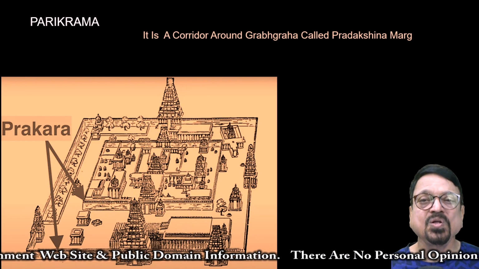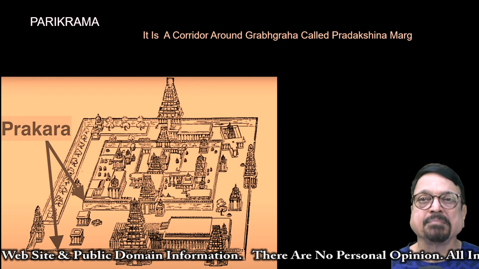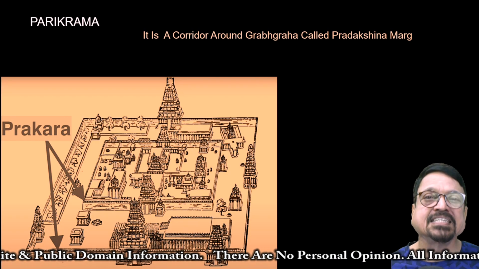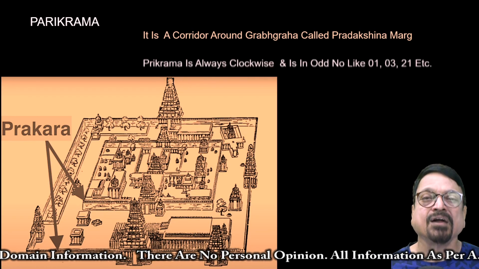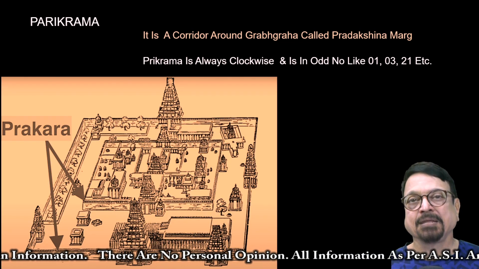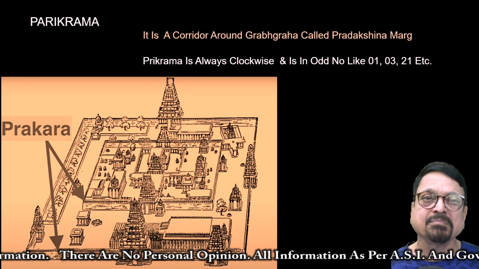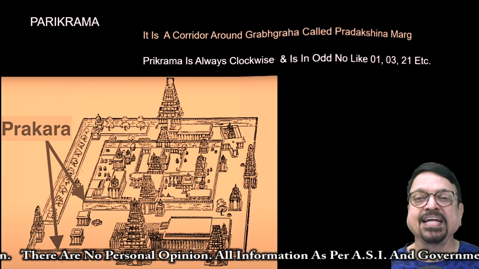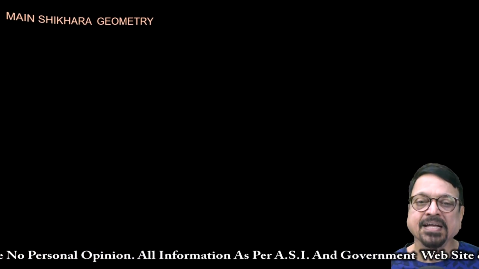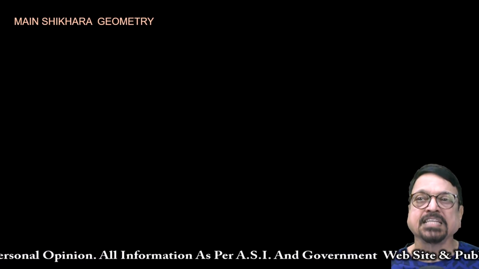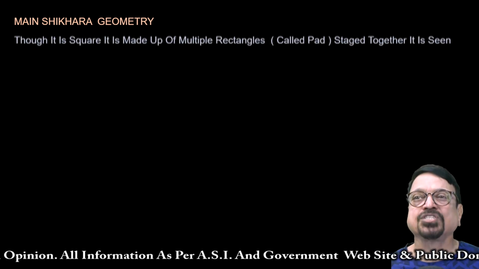Then you can also see the remaining part of the temple here. Parikrama is a corridor around the Garbhagriha called Pradakshina Marg or Pradakshina Patha. Parikrama is always clockwise and in odd numbers like 1, 3, 21, etc. So that is about Parikrama, which can be incorporated, semi-open, or outside.